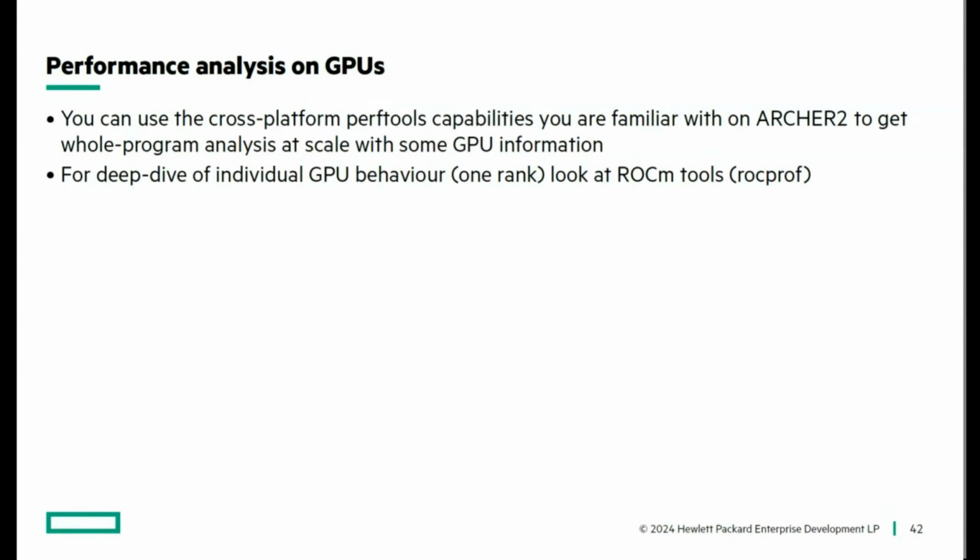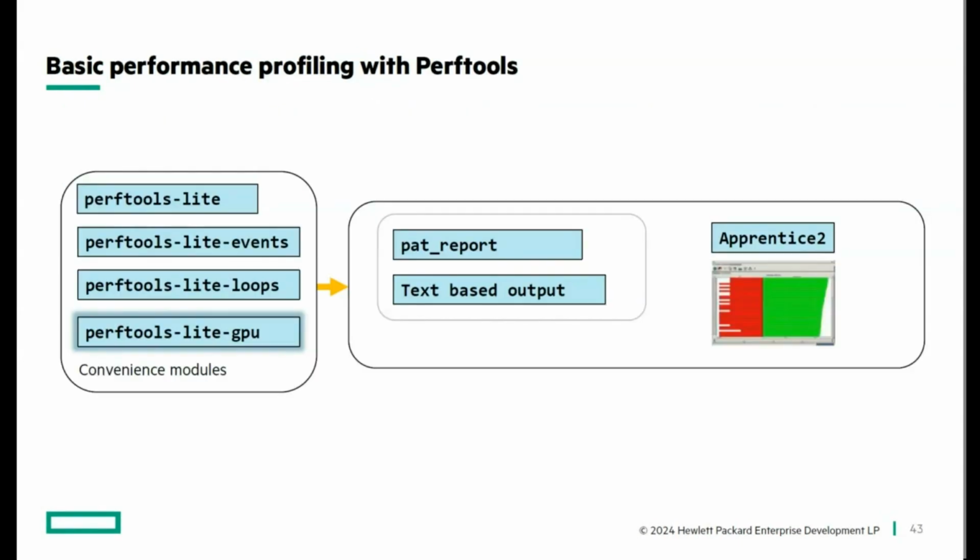This enables whole-program analysis of a run on one of these MI210 nodes, where CrayPat will provide information on MPI activity as well as activity on the GPUs themselves. For a more low-level approach, you can use some of ROCm's tools, specifically rocprof, to profile individual kernel behavior. You need to use sampling or tracing.